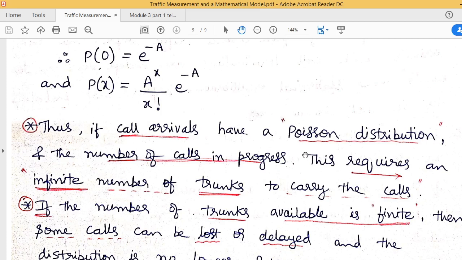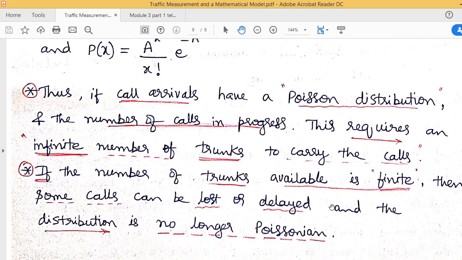To derive this equation, we have assumed that an infinite number of calls are possible. By making use of Poisson distribution, we have arrived at this particular equation. But in reality, it is not possible to have an infinite number of trunks. In practice, we can have a finite number of trunks only.